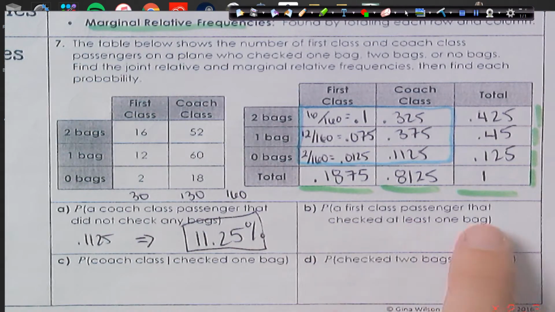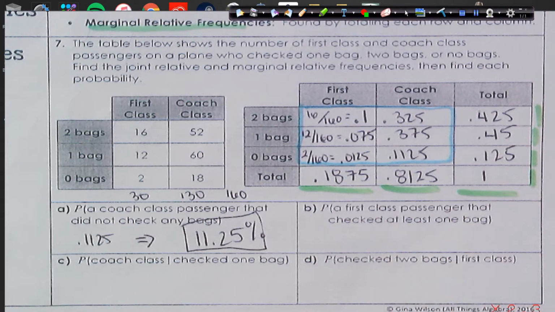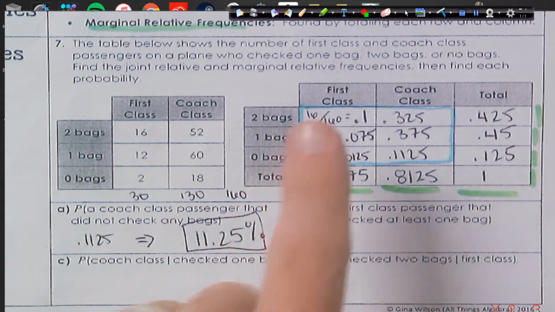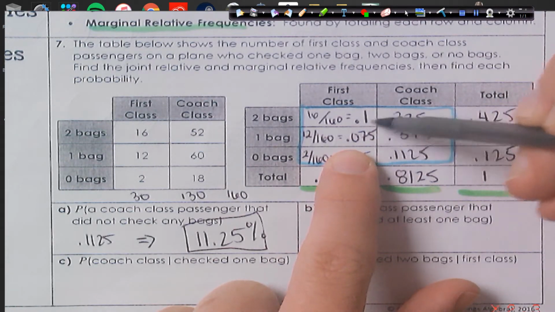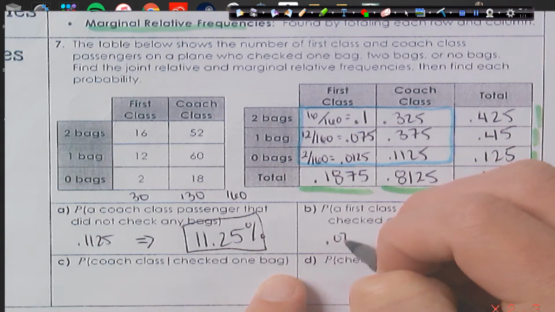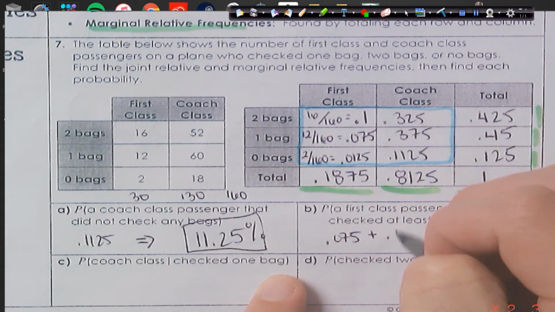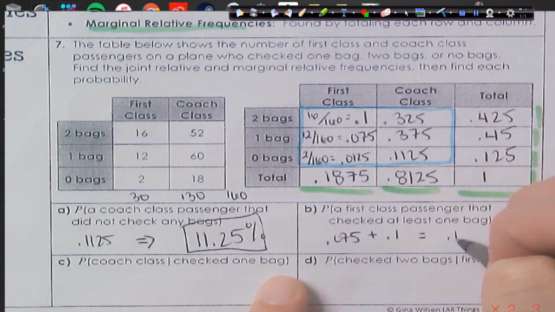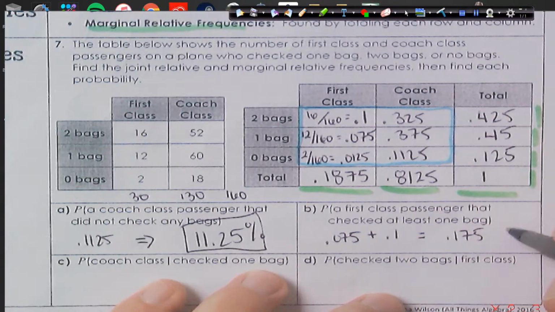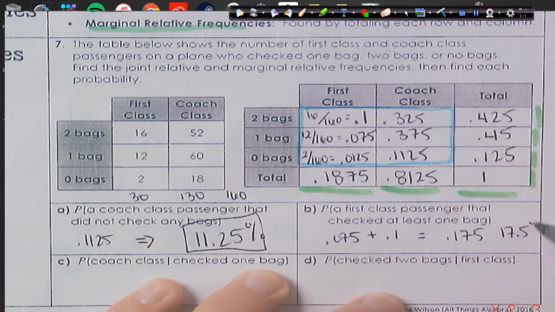A first class passenger that checked at least 1 bag. So we have to combine both of these, right? So we're going to do 0.075 plus 0.1, and that's going to equal 0.175, which is 17.5%.